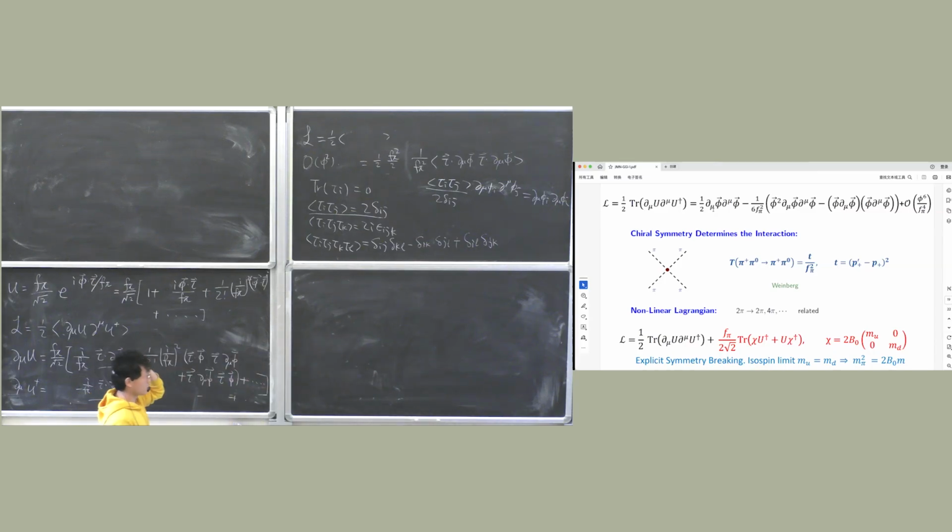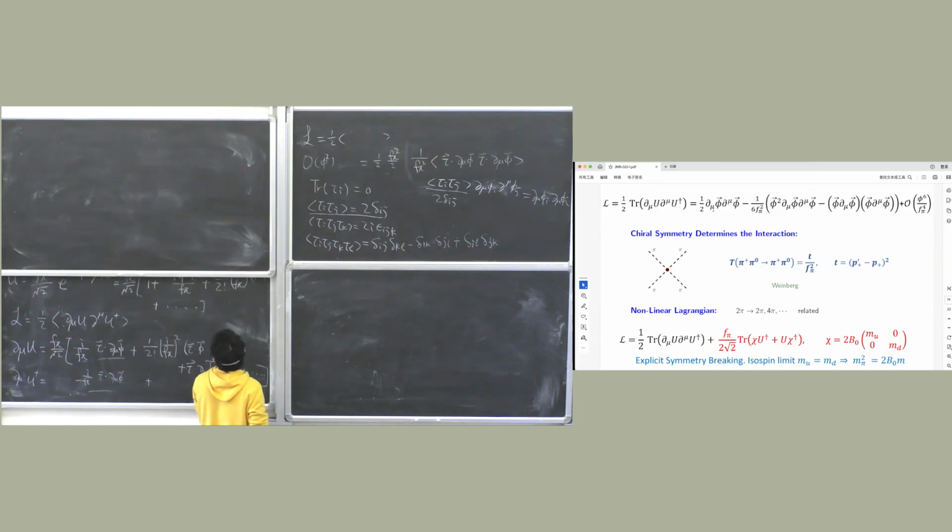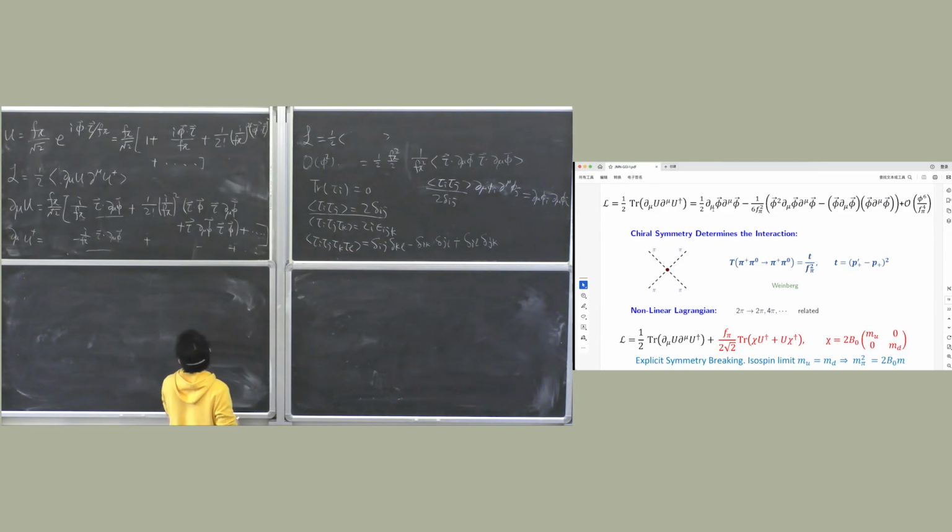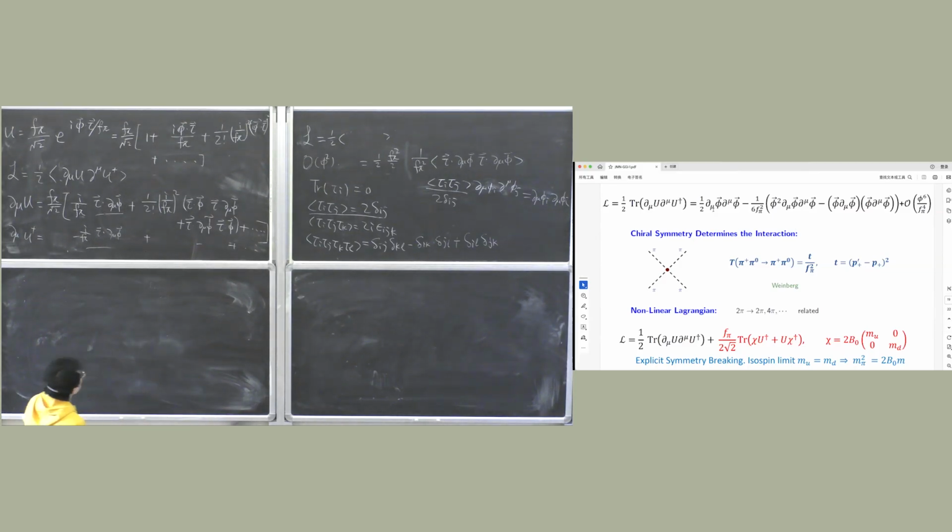So let's go to the next order. For the next order, we should have, of course, phi cubed. Let's see what happens for phi cubed. If we want to look at this order, we should expand the U to the next order.